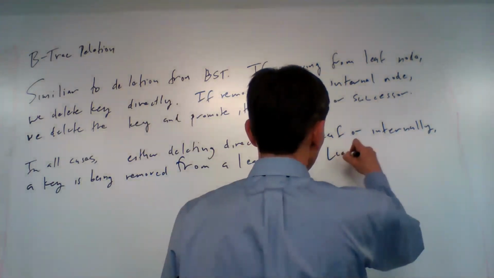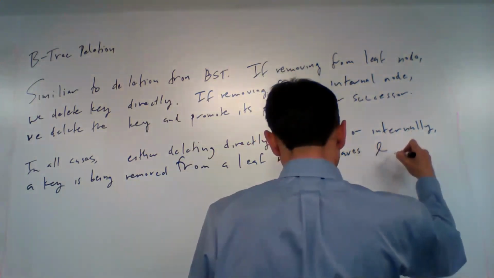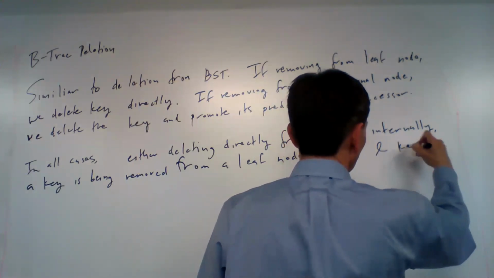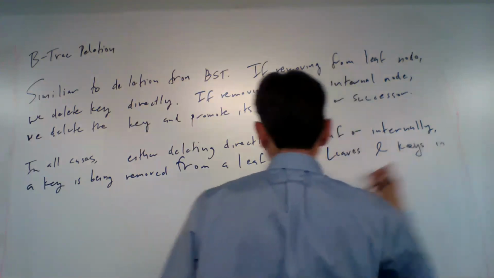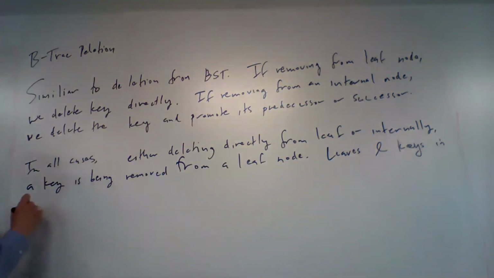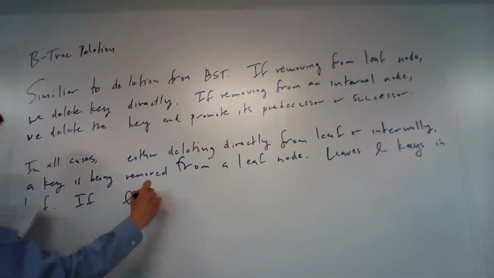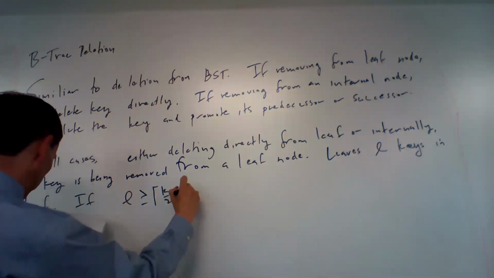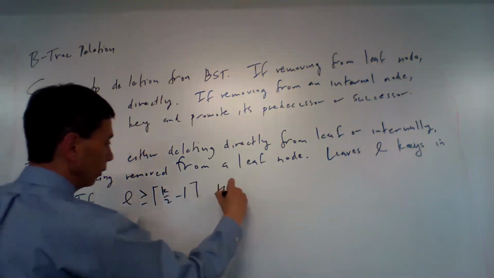So this leaves L keys in the leaf node. And if L is greater than or equal to the ceiling of k over 2 minus 1, then we can stop.